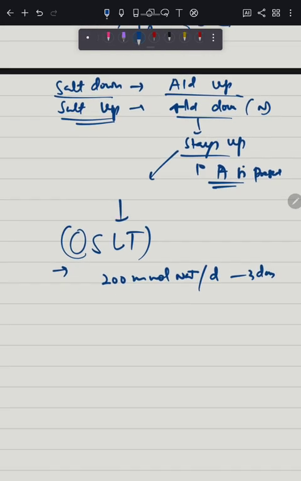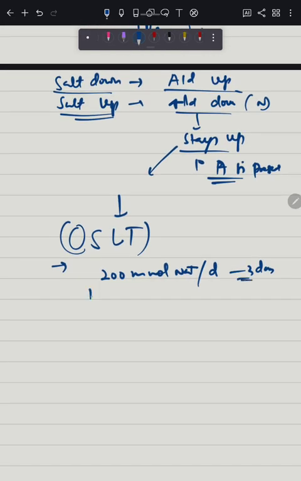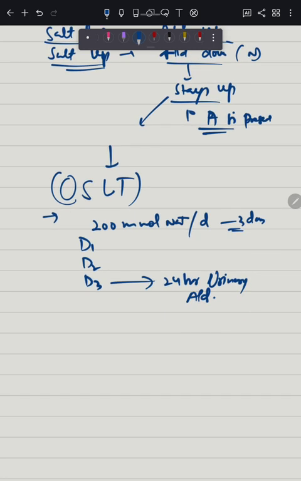So you will be eating this 200 millimole sodium diet on day 1, day 2, and day 3. On day 3, you will measure 24-hour urinary aldosterone levels. If it is a normal individual, obviously aldosterone will be low.